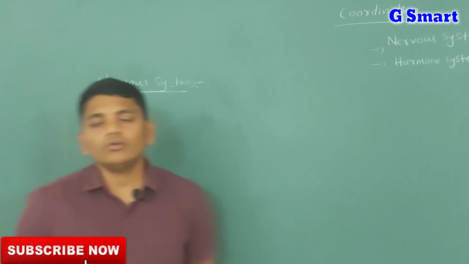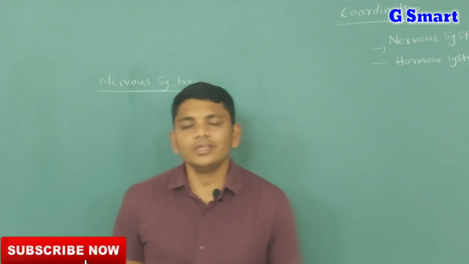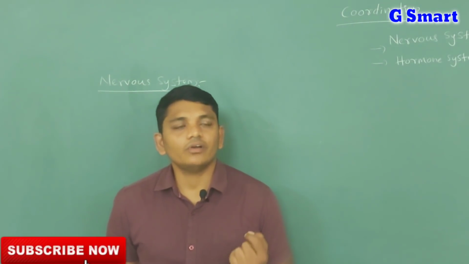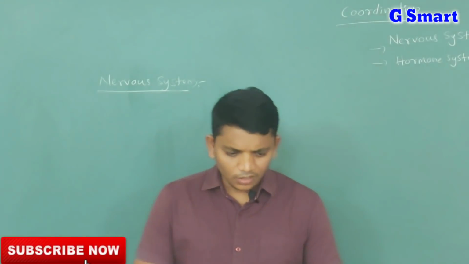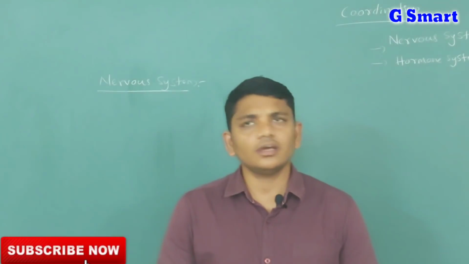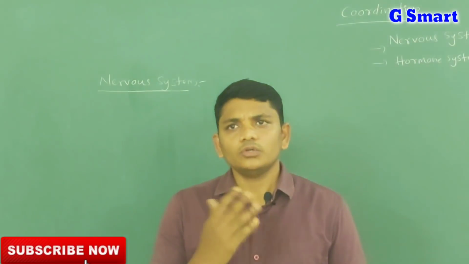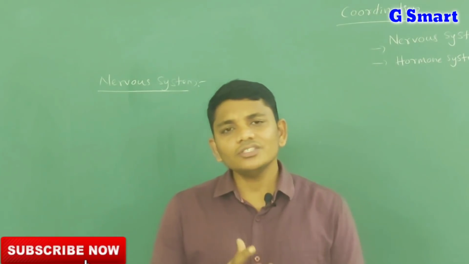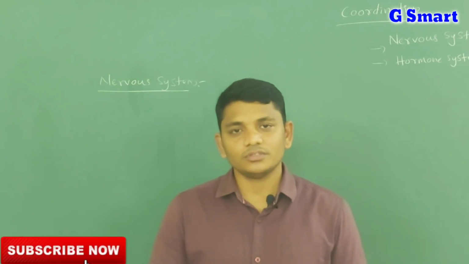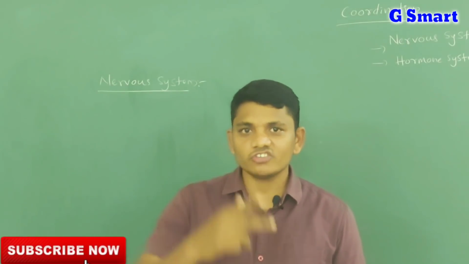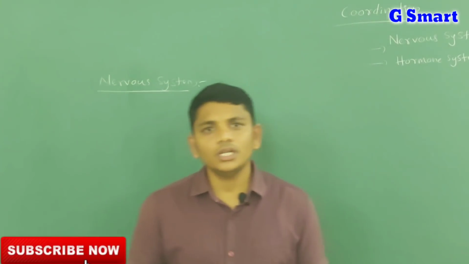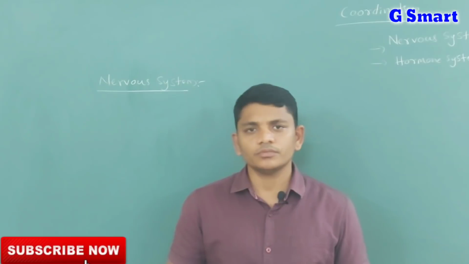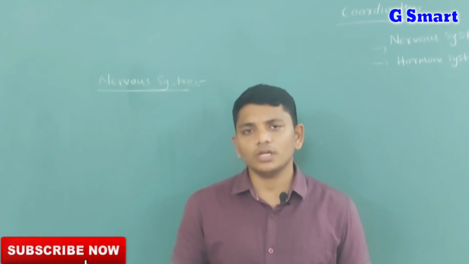You all know our nervous system is made up of nerves or neurons. First, the scientist called Galen told us the nerves are mainly of two types. First one is sensory nerve, second one is motor nerve. So nerves are mainly of two types, sensory nerve and motor nerve.